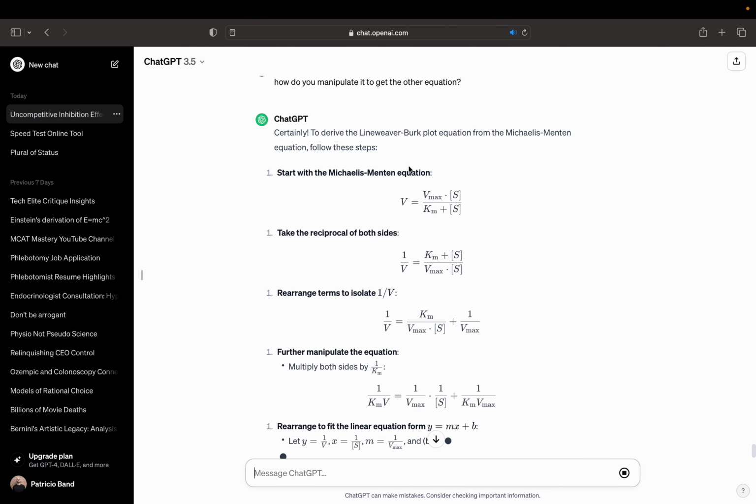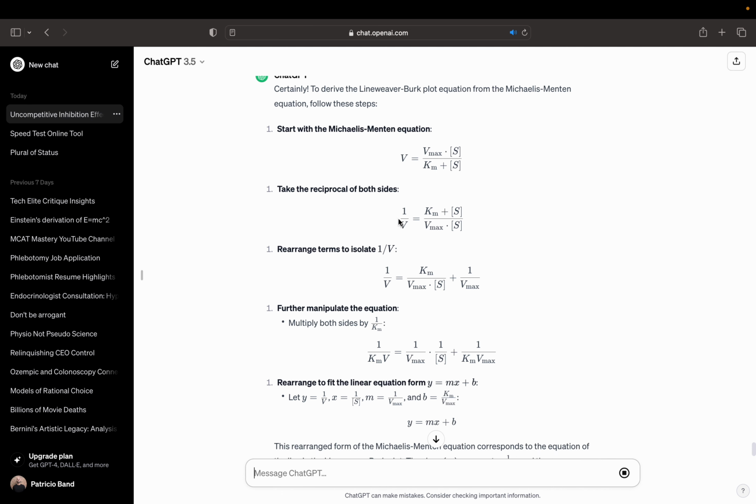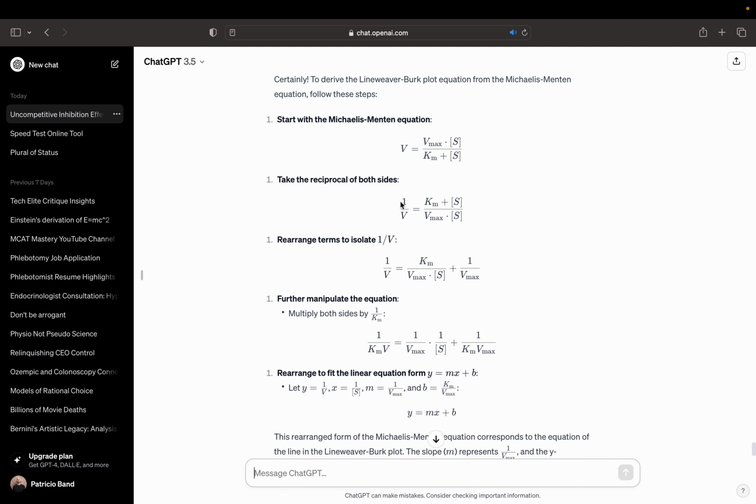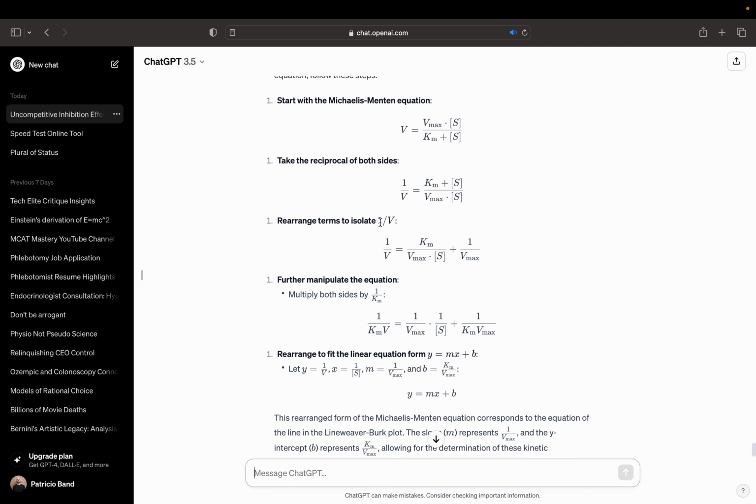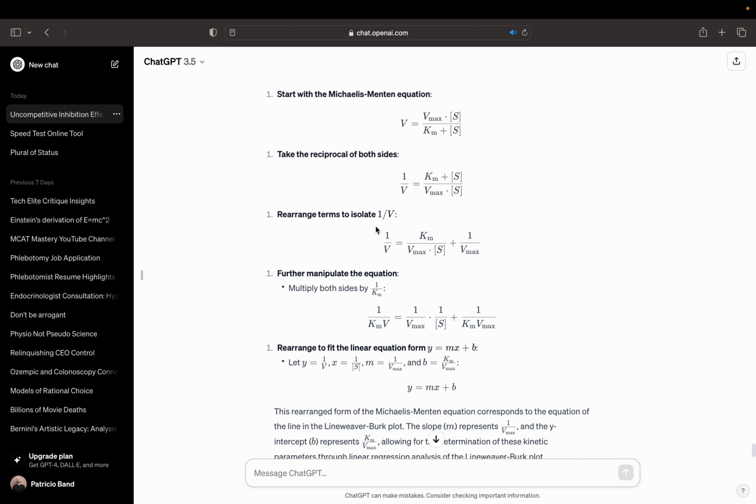Start with the Michaelis-Menten equation, then take the reciprocal of both sides. So you have 1 over V equals Km plus S over Vmax times S. Then we arrange terms to isolate 1 over V.